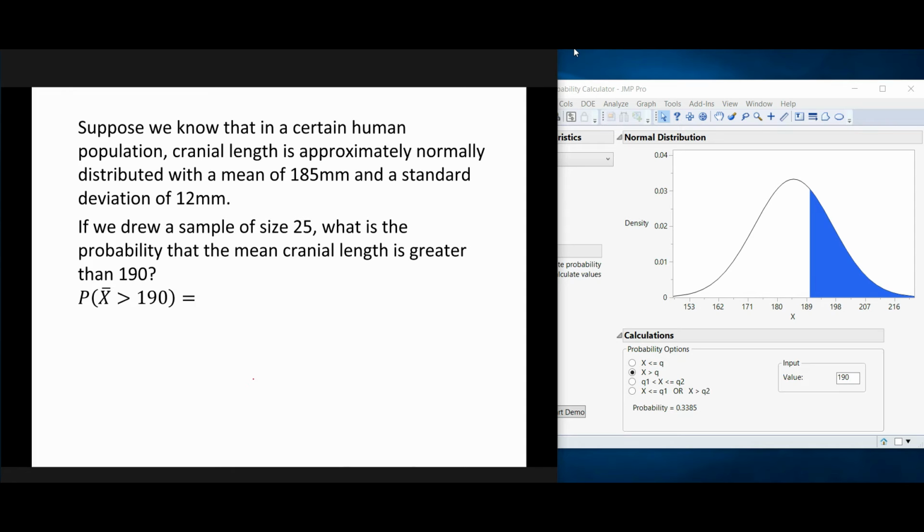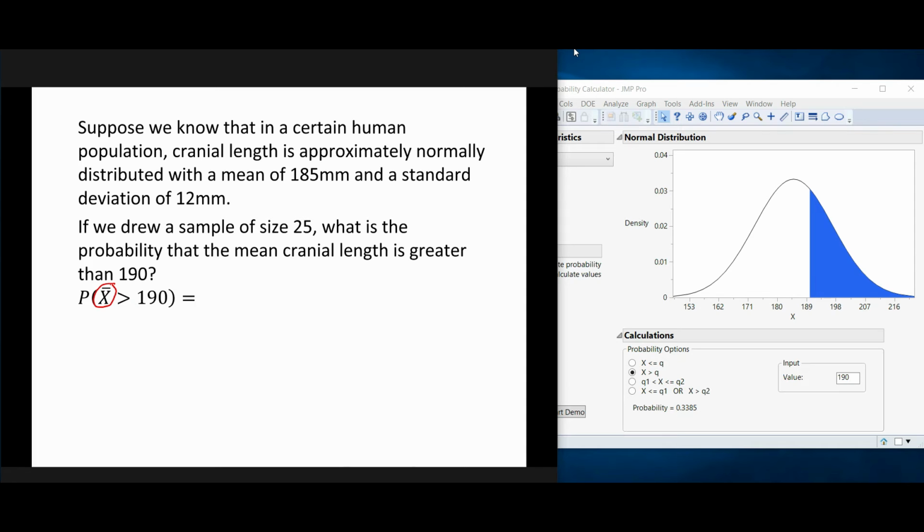So if we drew a sample of size 25, what's the probability that the mean cranial length is greater than 190? So notice that I'm using x bar in here now rather than just x. I want to know the probability that the mean is greater than 190.